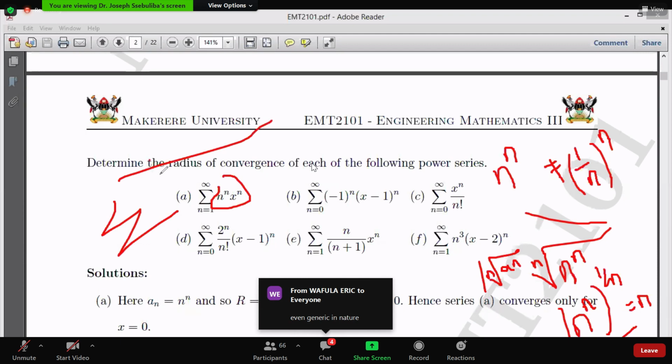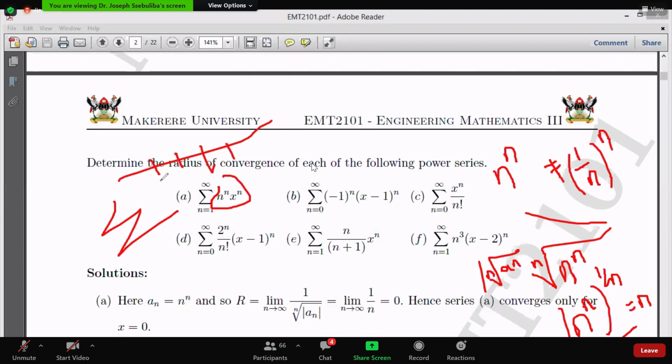Like if you're moving on a number line, if you have 1, you have 2, you have 3, these are discrete in nature, you can actually sum these ones up.